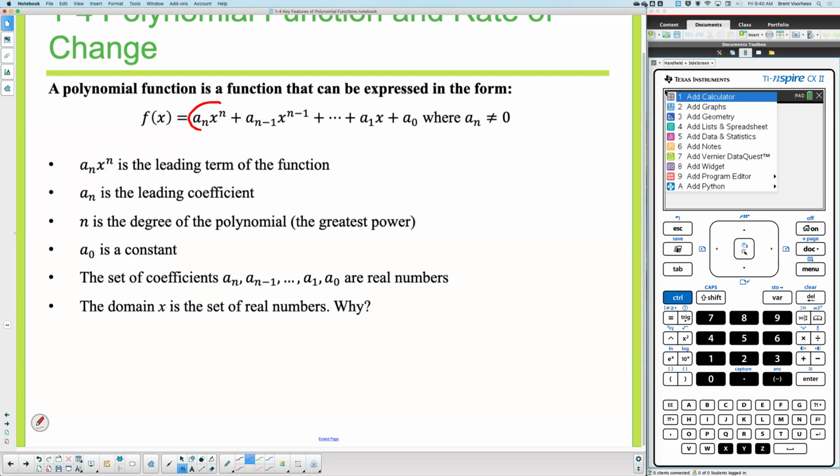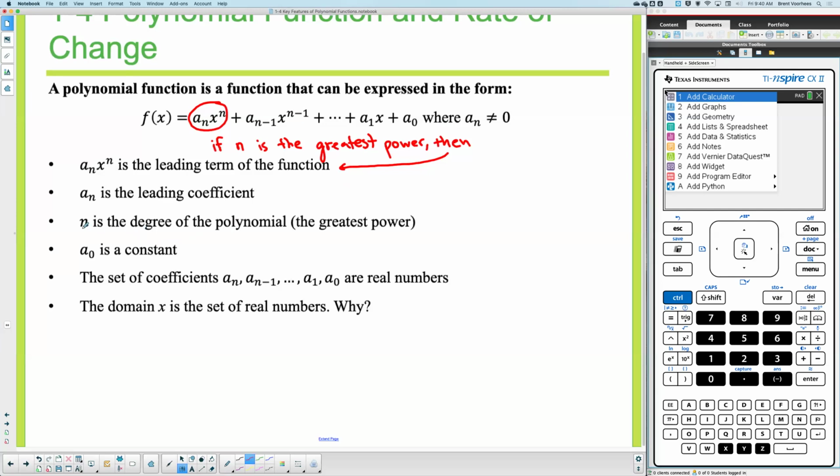So in this case, if n is the greatest power, then a n x to the n is the leading term. It's called the leading term, whichever one has the greatest power.